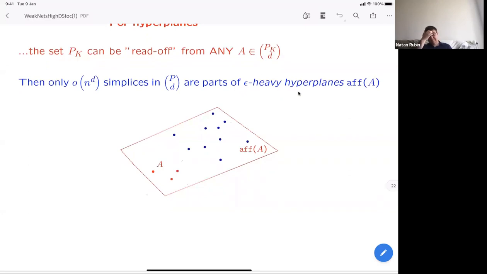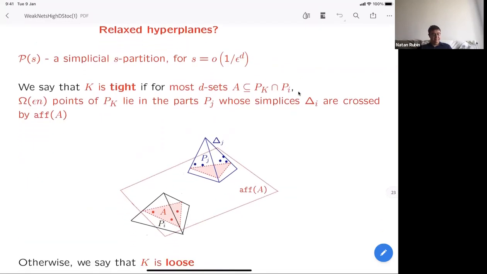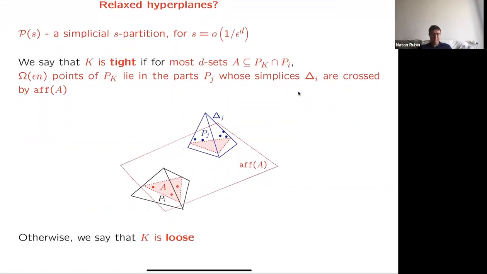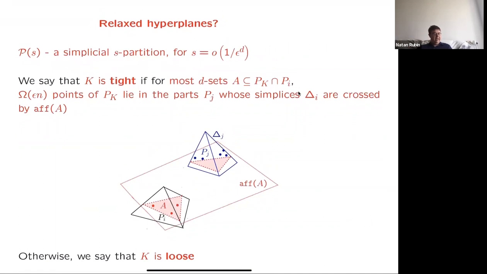And to approximate this property, we construct a simplicial partition now in dimension d, and we say that the convex set is tight if the bulk of d-size subsets of its points come from the same part in the partition.